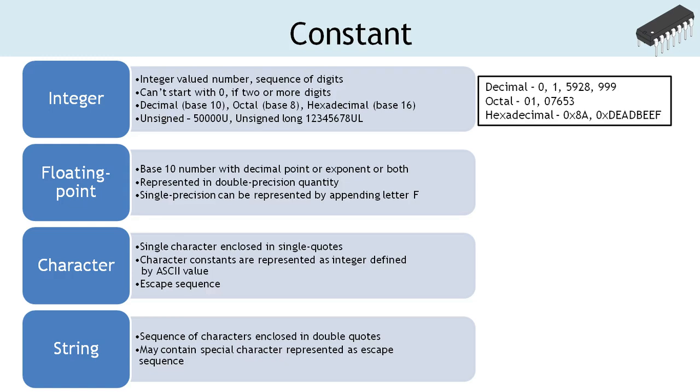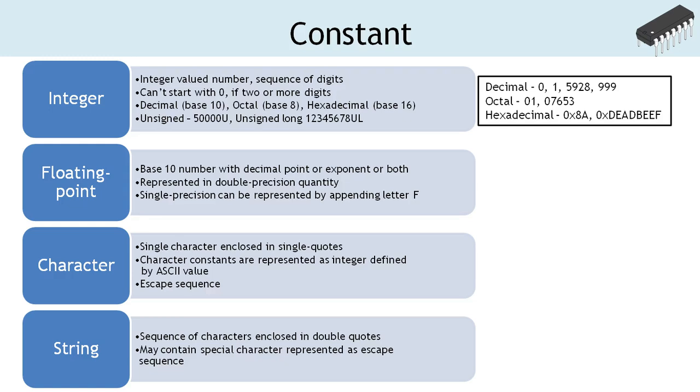A decimal integer constant consists of any combination of digits from 0 through 9. If the constant contains two digits, the first digit can never be a 0. An octal integer constant will always begin with 0 and may contain digits from 0 through 7.